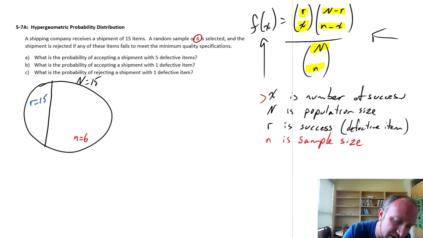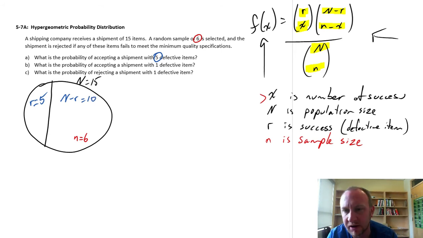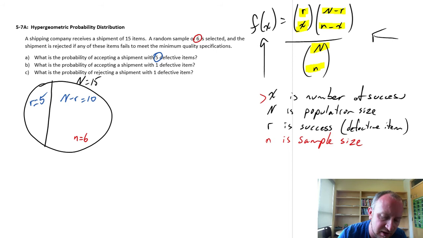So N minus R, sorry, what a silly mistake. So R is equal to 5. This is 5. So N minus R is equal to 10. Those are our number of good items, and there's 5 defective items. And I'm taking a sample. We're going to reject it if any item fails to meet these quality specifications.